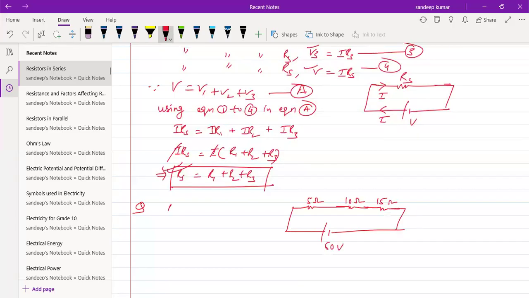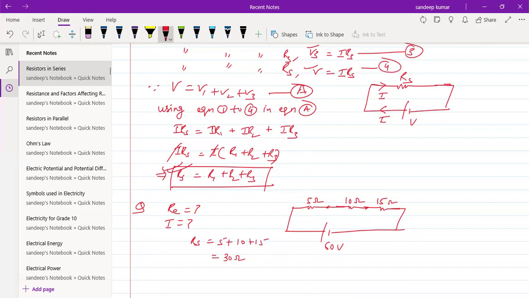They may ask you what is the R equivalent of the circuit and what is the current passing through the circuit. As we can see, these 3 resistors are connected in series, because one end is connected to one end of the other. So that is Rs. You can find 5 plus 10 plus 15: 15 plus 10 is 25, plus 5 is 30 ohm.